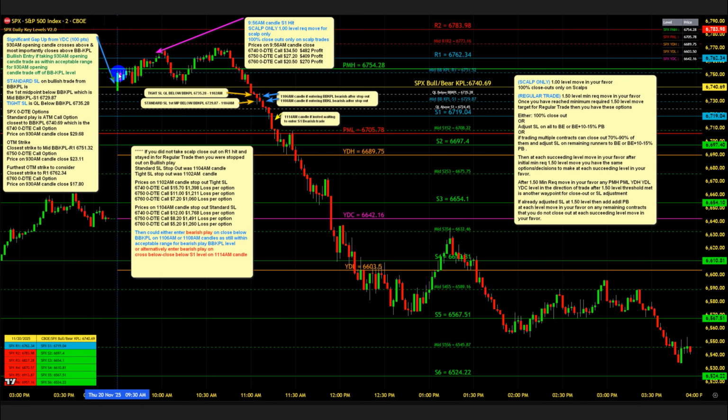Okay, so regarding this, as you can see, it did open below, it crossed above and closed above. So that is a bullish trade entry on this candle. Now, other trade entries, just to explain how this works, the most important aspect is where is it closing. So in this case, it closed above.